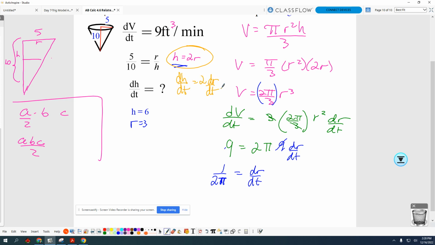Okay, so I solved for the wrong thing. I got dr dt. I swapped out the h right away because that was convenient. So just multiply that bad boy by 2, because dh dt is 2 times that thing we got down here. So it's just pi. So 1 over pi, thank you. dh dt is 1 over pi.